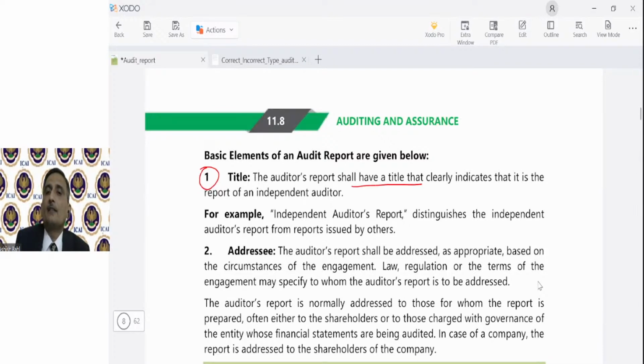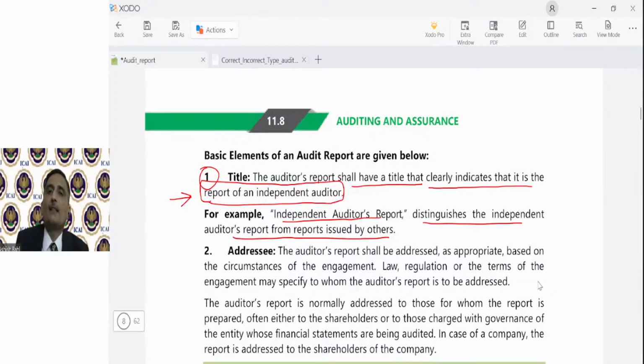The auditor's report shall have a title that clearly indicates that it is the report of an independent auditor. For example, independent auditor's report distinguishes the independent auditor's report from reports issued by others. So whenever an audit report starts, there is a title as I have shown you.